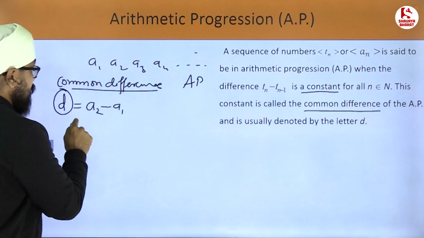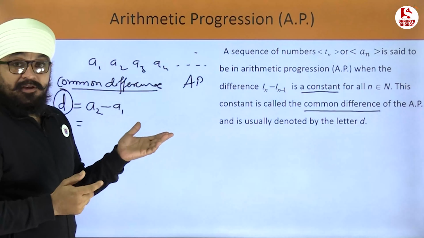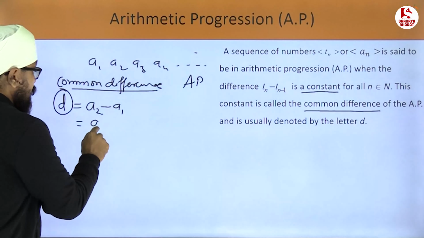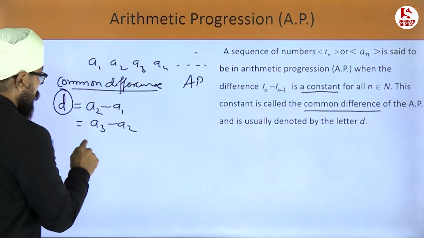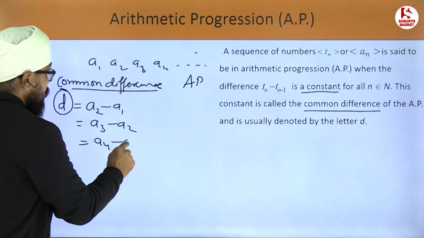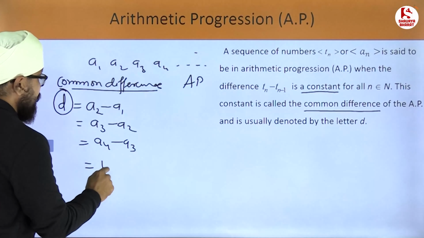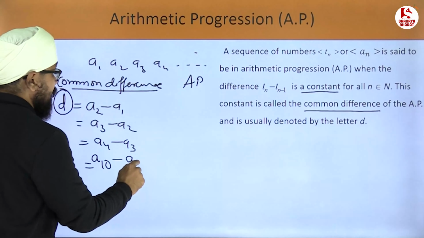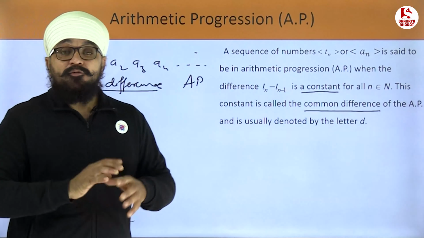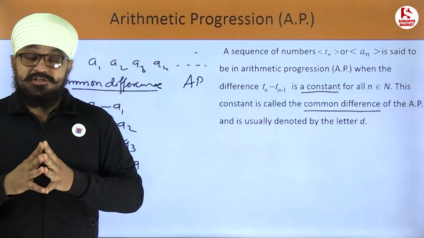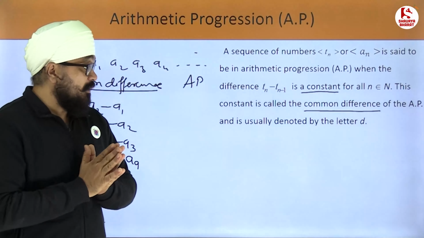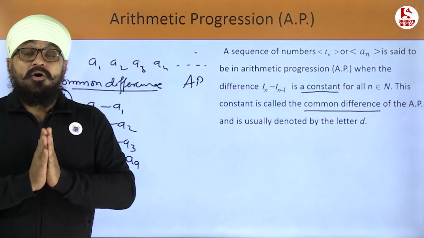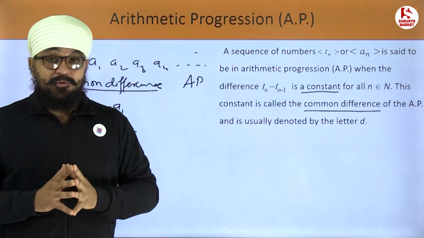So, the common difference will be the same because the word we have already used is common. It will be third term minus second, or fourth minus third, or if you take the 10th term, A10, from the 10th term I will be subtracting the 9th term. If all these differences are the same, it is known as a common difference, and if we have a common difference, that will be called an arithmetic progression.